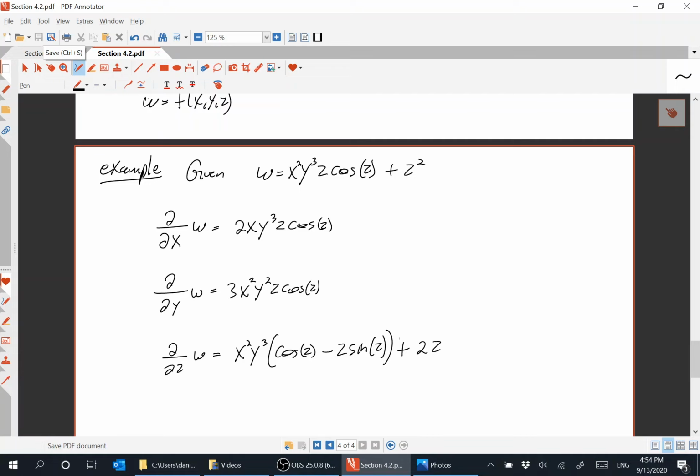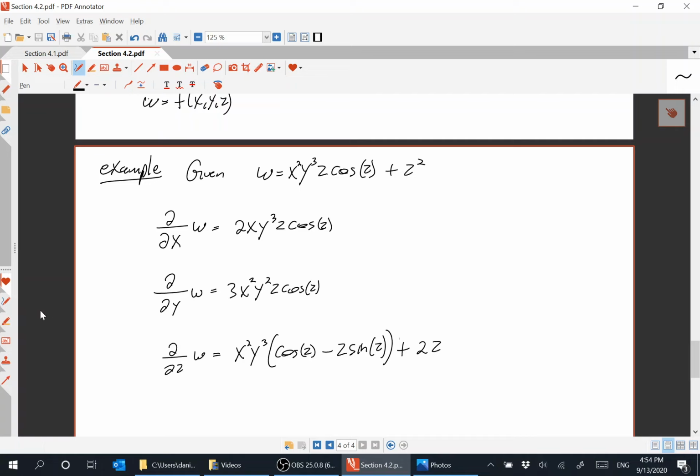All you can say is that the partial derivative with respect to x represents the rate of change as x varies, and y and z are constant. The rate of change of w as y varies, right? And x and z are held constant. The rate of change of w as z varies and x and y are held constant. You can just think of them as rates of change now. You don't have that geometric interpretation anymore.